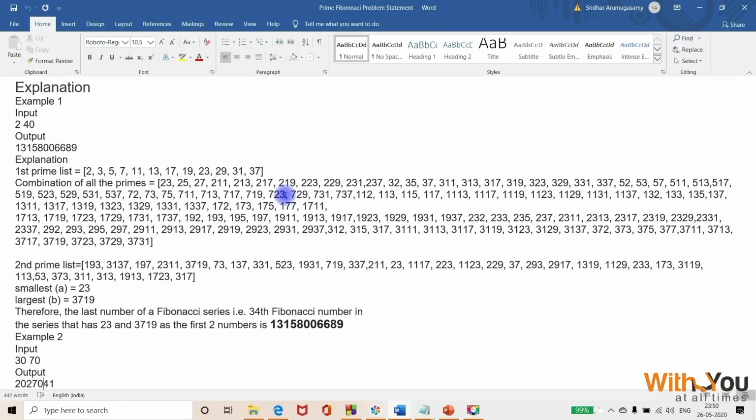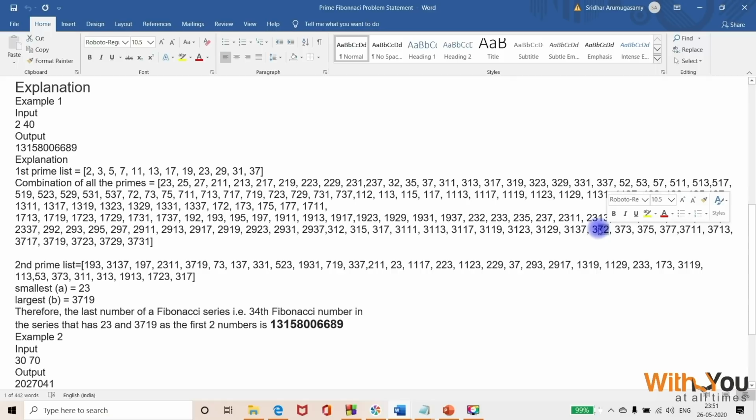Combinations: 23, 25, 27. Okay, getting a grip. 211, then 213, 217, 219, 223, 229, 231 and 237. And I don't have to combine a number with itself. Okay, got it. Next, 32, 35. I think we are having a grip of it. Let's just go ahead. 37 starts over here.